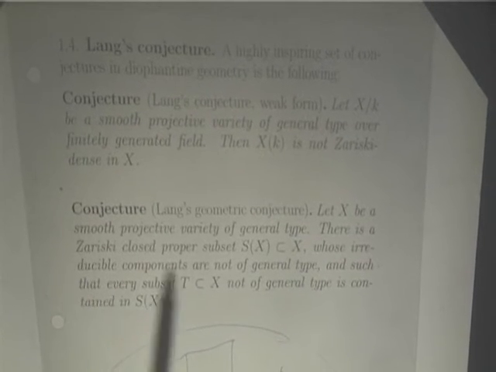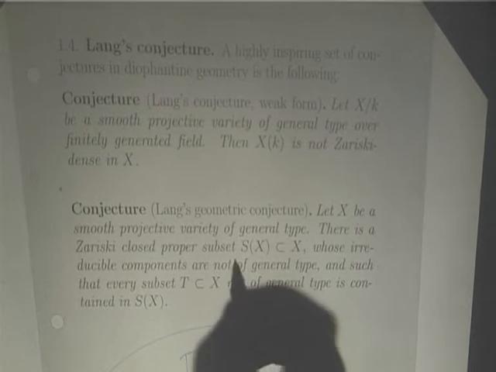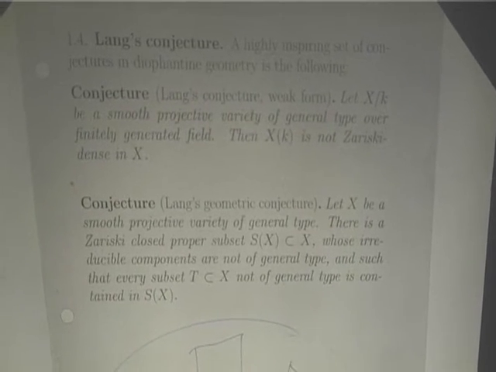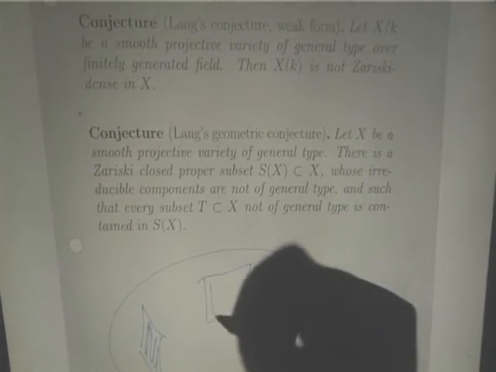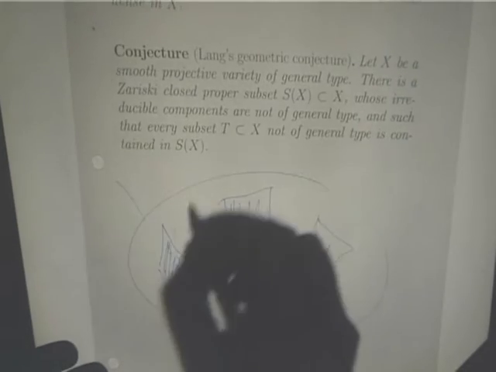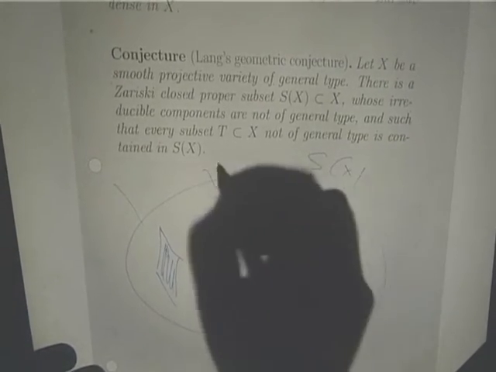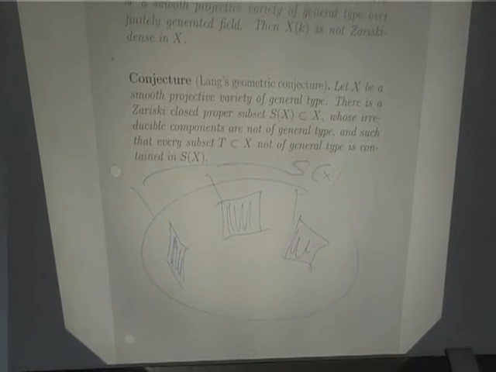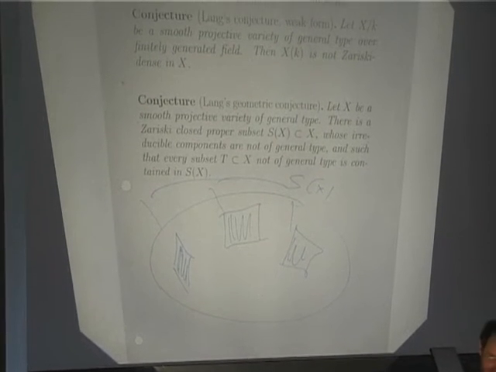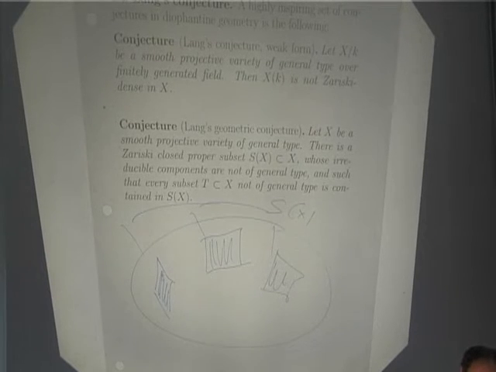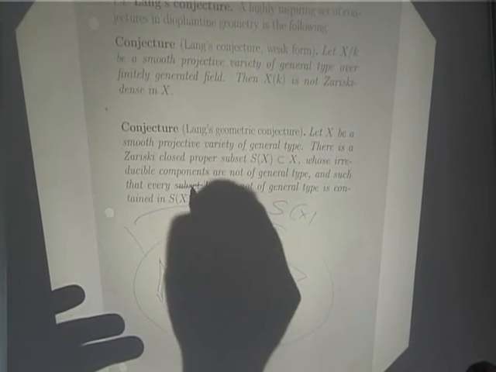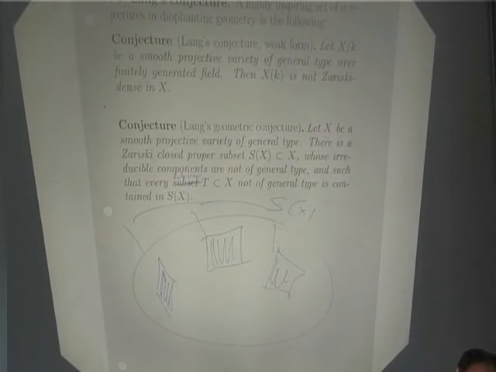He conjectures that there is a Zariski closed proper subset S of X whose irreducible components are not of general type, and such that every other subvariety which is not of general type is actually contained in this S of X. So Lang conjectured there's a kind of non-general type locus which contains everything that is not of general type.